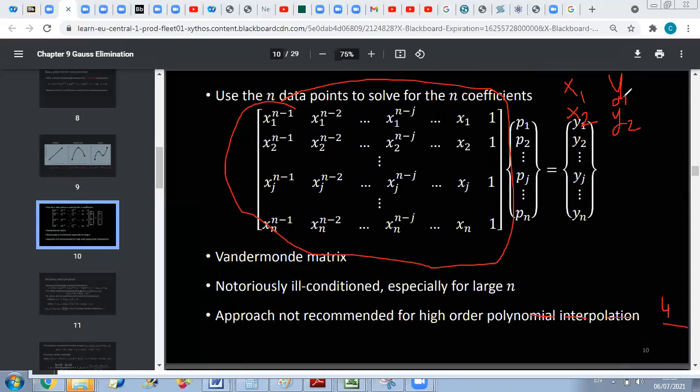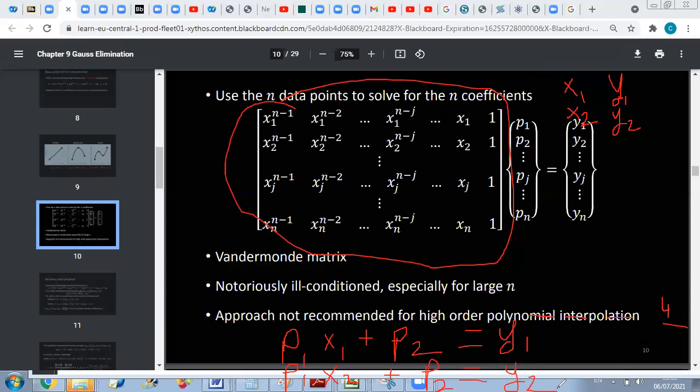We say that our linear fit should pass through these 2 points. So the first equation is P1 x1 plus P2 equals y1, and for the second point, the second equation is P1 x2 plus P2 equals y2.